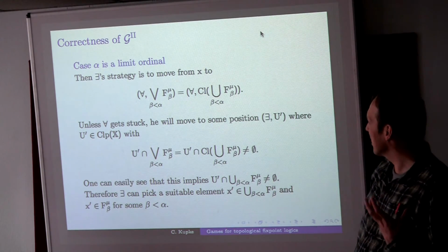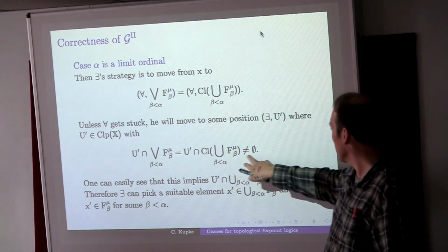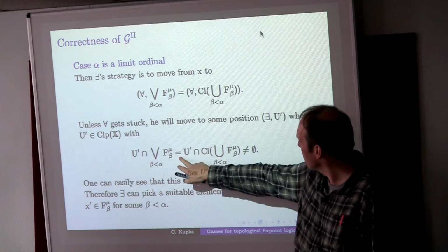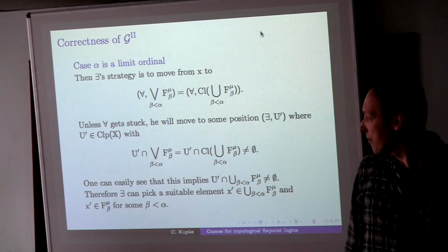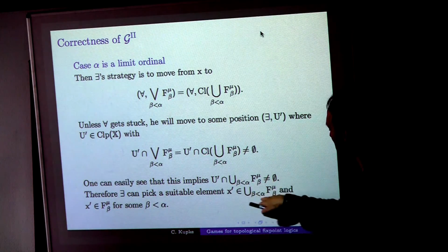And if Abelard doesn't get stuck, he has to move to some U prime, such that this U prime has a non-empty intersection with this closure. But then because this is a clopen set, it will have a non-empty intersection with this set. And therefore Eloise can just pick an element from here, and we continue indeed with something which is smaller.